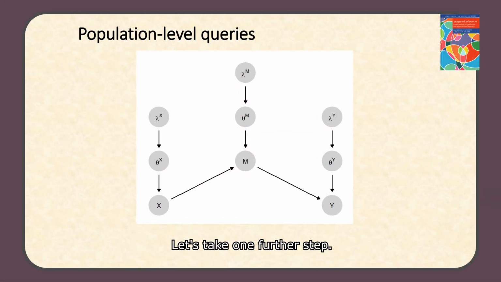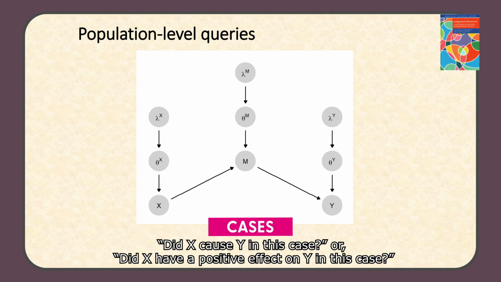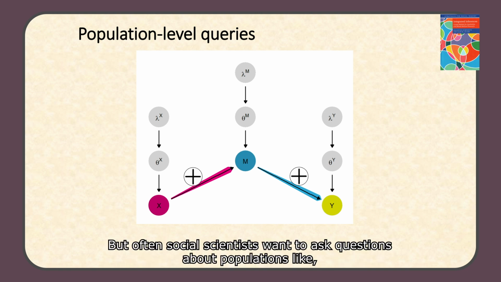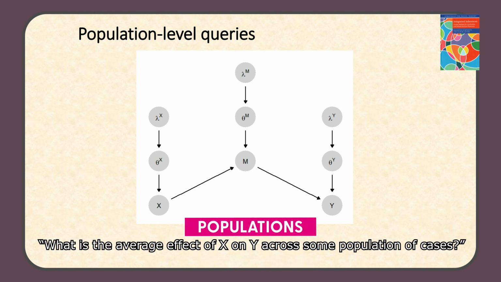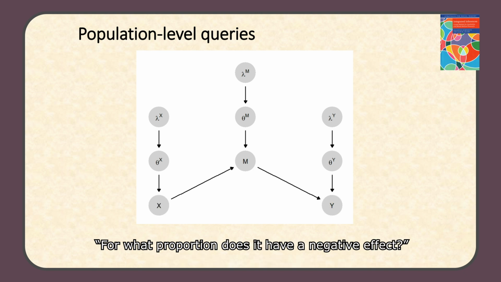All right, let's take one further step. Up to now, we've been talking about queries that we can ask about specific cases, like did x cause y in this case, or did x have a positive effect on y in this case? But often, social scientists want to ask questions about populations, like what is the average effect of X on Y across some population of cases, or for what proportion of cases in the population does X have a positive effect on Y, for what proportion does it have a negative effect?